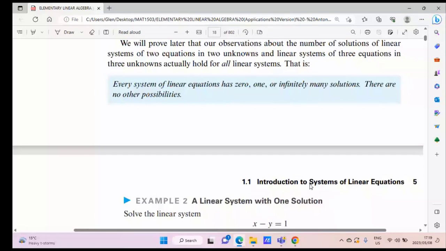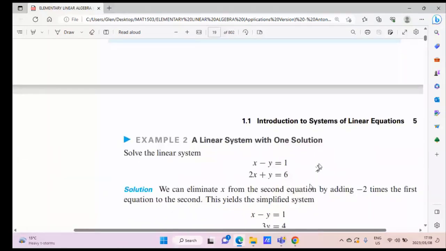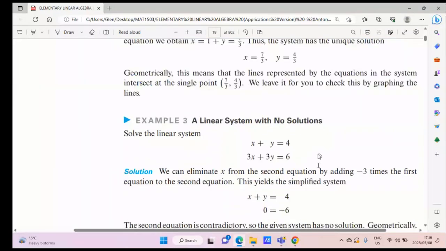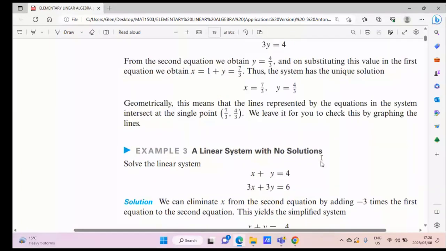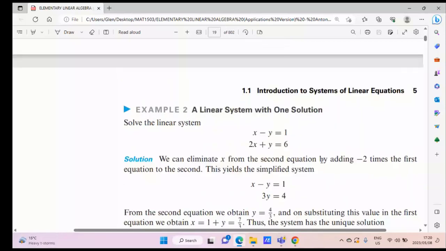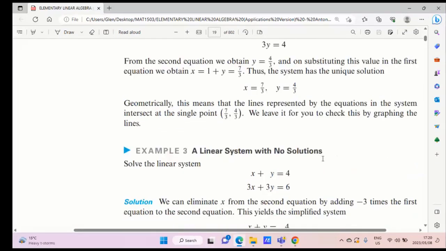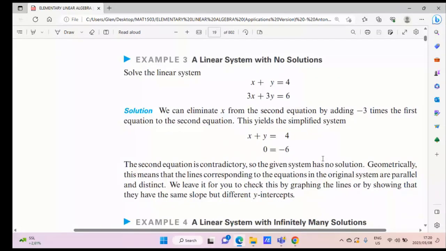When will the system have one solution, or unique solution? Next, when will that system have no solutions? Next, when will it have infinitely many solutions? Three in one.